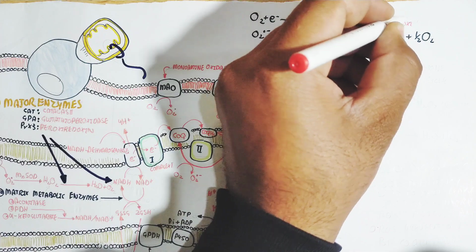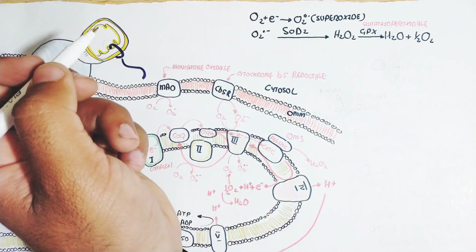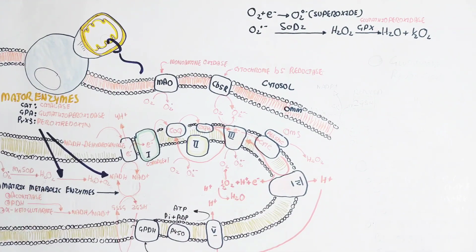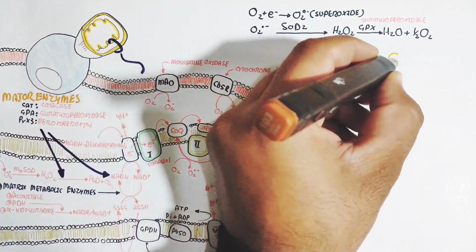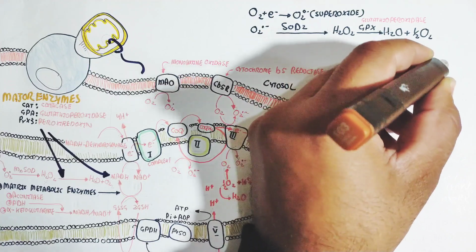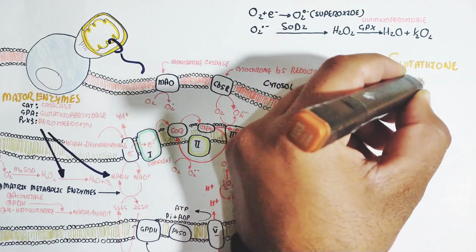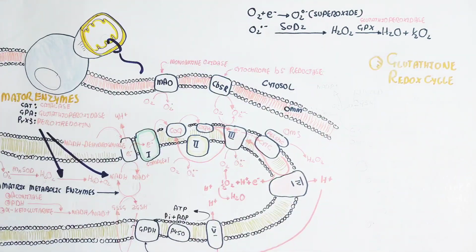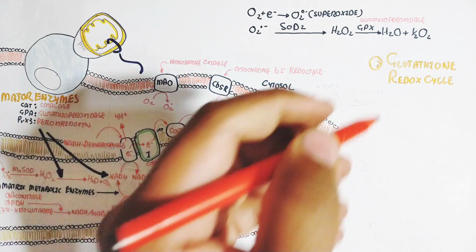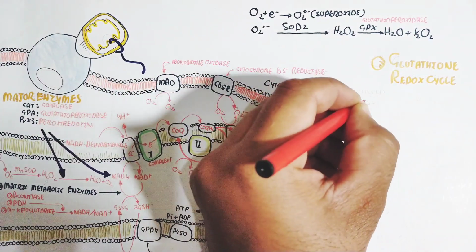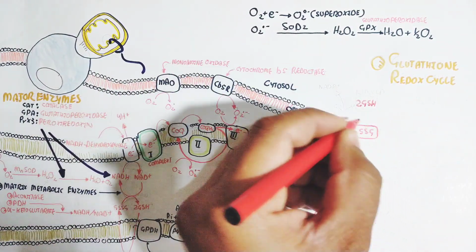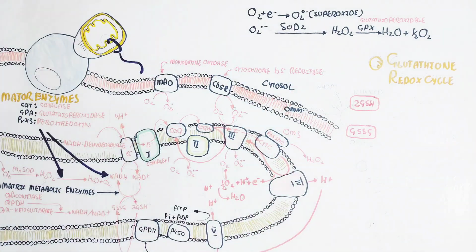That is why these three enzymes, catalase, GPX and PRX3, function properly for reactive oxygen species clearance. But hydrogen peroxide also donates the electron to antioxidants like coenzyme CoQ10, which also accepts the electron for the electron transport chain to continue working.